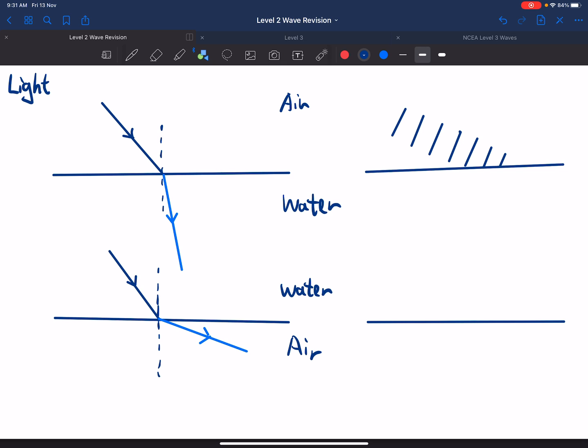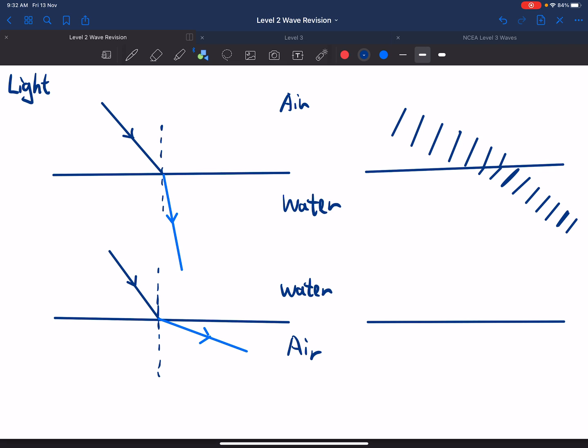So I need to fall behind compared to those ones. Fall behind. Fall behind. Fall behind. The wavelength becomes smaller.